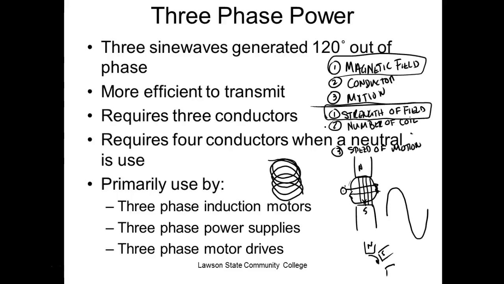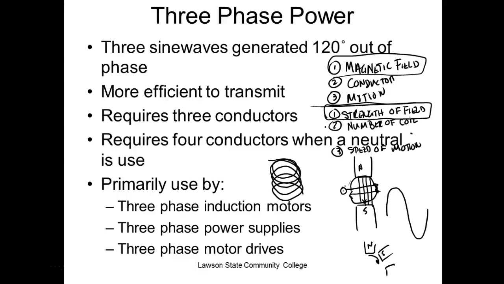If it tries to drop down, it increases the strength of the field and makes the voltage come back up, right? If it tries to go up, it decreases the strength of your magnetic field and makes the voltage go down. So what your regulator and your alternator is doing is constantly changing the strength of the magnetic field so your alternator puts out the same voltage. This is what we call regulation. That's what we have to do on this. It's a regulator.